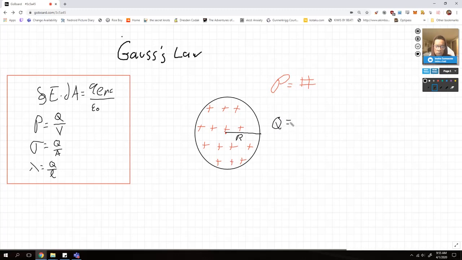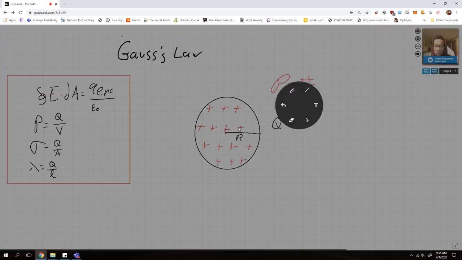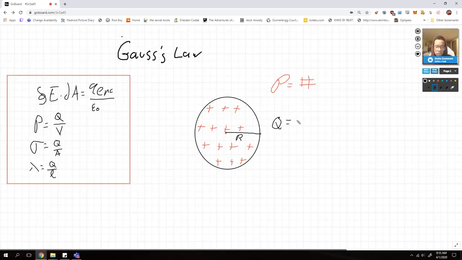Q is going to be equal to, using this equation, rho equals Q over V, the volume of the sphere times rho. This can expand into Q equals the volume of a sphere, 4/3 pi R cubed, times rho. Now I've solved for the charge because I know this radius, which should be capital R, and I was given this charge density. So now I've figured out the charge.